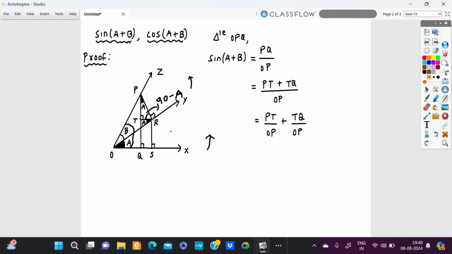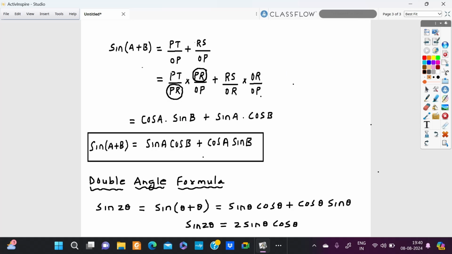OR is common to ORS and OR is common to OPR. Both right-angle triangles have the common side OR. That is the reason I choose OR. Therefore, RS divided by OR times OR divided by OP. If you cross them out, you have the same as the previous RS over OP.